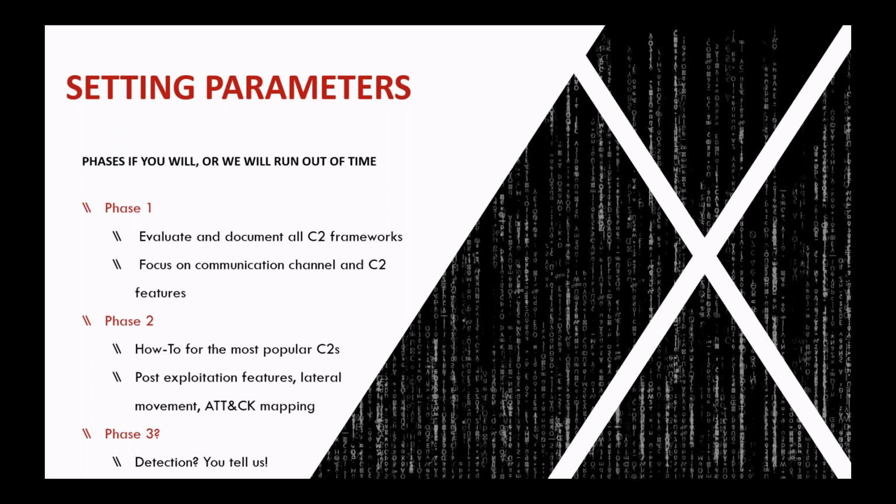And then document post-exploitation features like lateral movement tactics. And maybe even do attack mapping so that we can pick an adversary, see their TTPs, and then show us what adversary or what C2 likely has the most coverage for those TTPs. And then phase 3 is really open just for anyone to contribute.